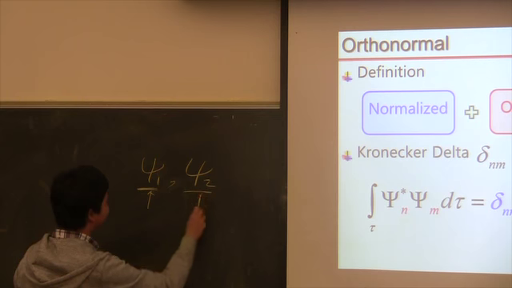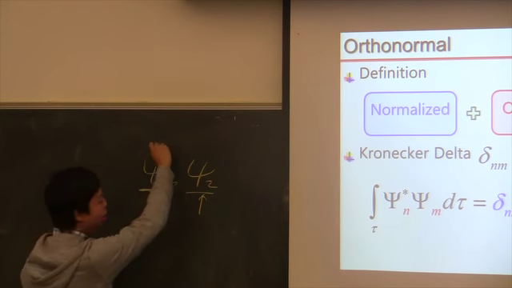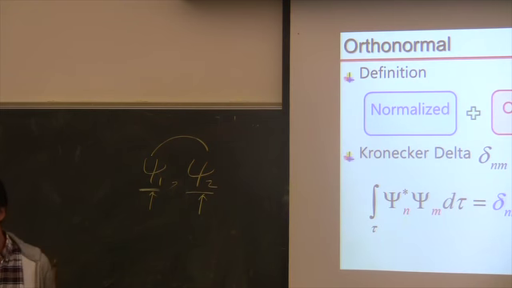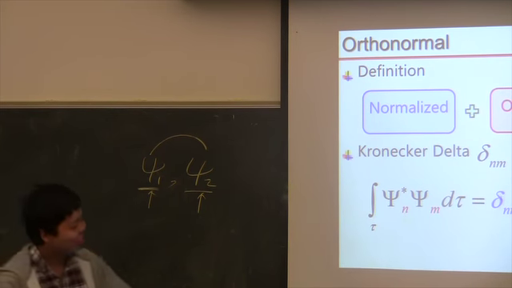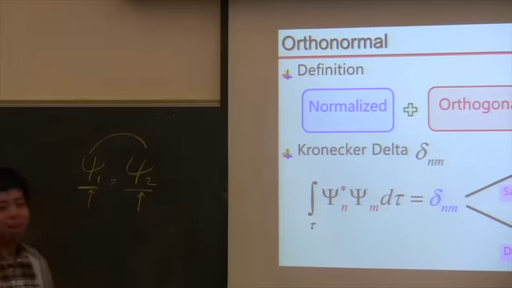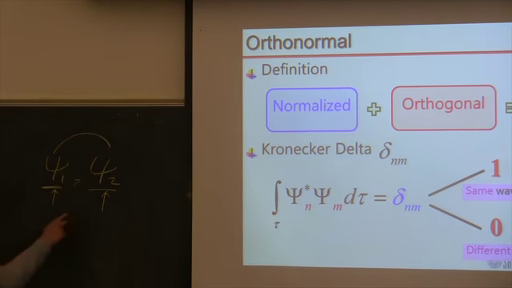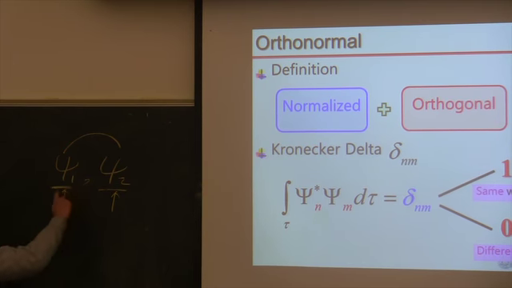Great. After you normalize both of them, then you check the orthogonality by putting the two of them in that expression. So there are three integrals in total. The first two are related to normalization.